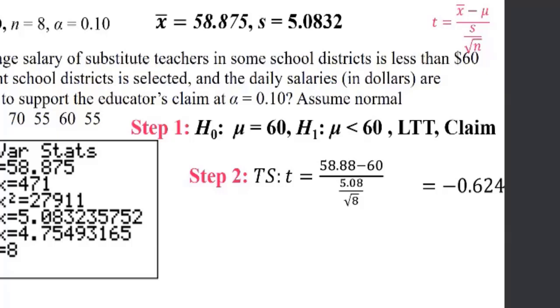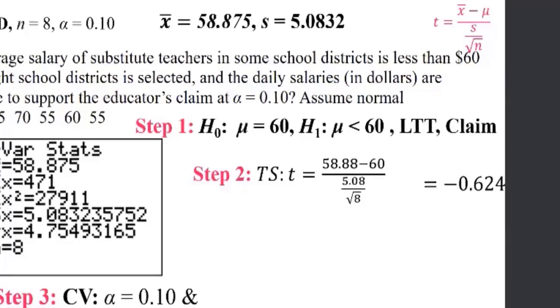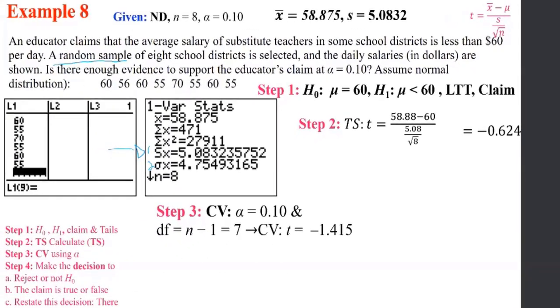Now, the critical value: alpha is 0.1. T distribution, T table, you need degrees of freedom of n minus 1, or 7. So from the table or technology, you end up with negative 1.415.